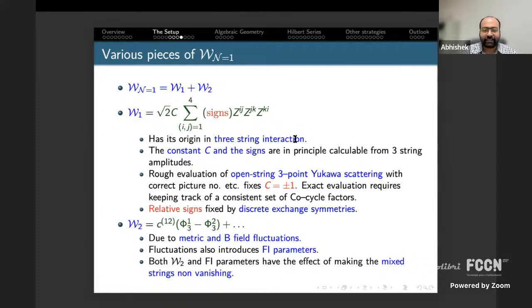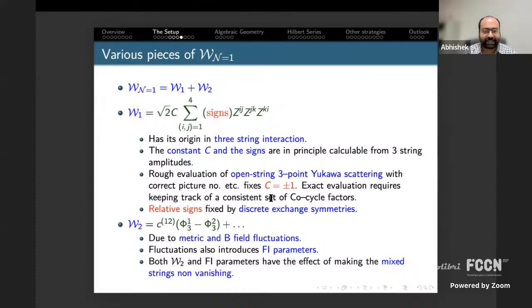So these kinds of discrete symmetries are also there. Because they are there, you can fix all the signs here without really doing the full calculation for the 3-point Yukawa scattering calculation. So this can be fixed.